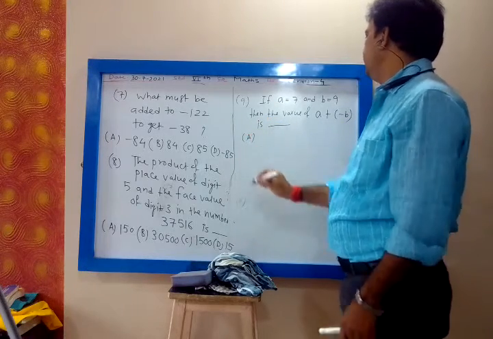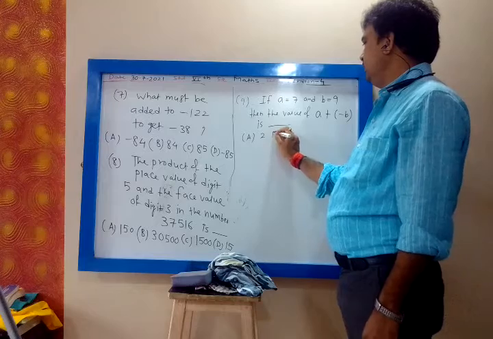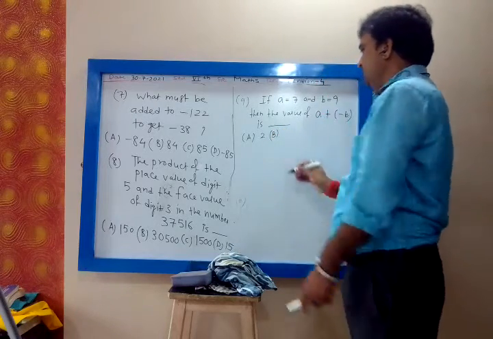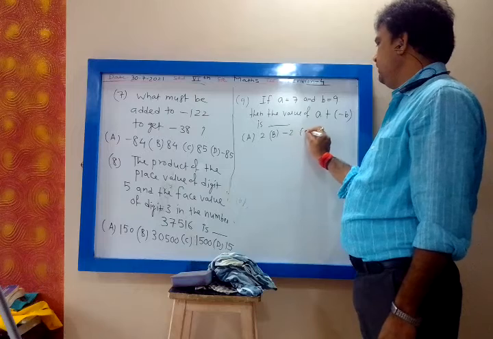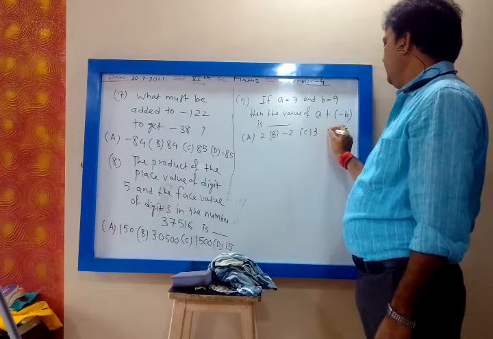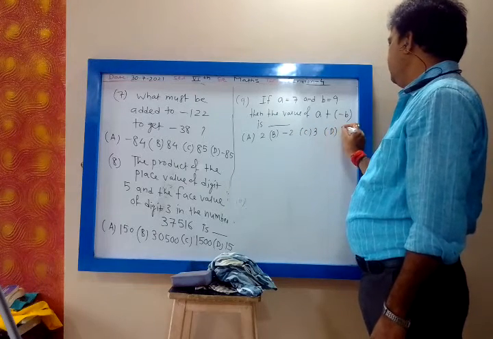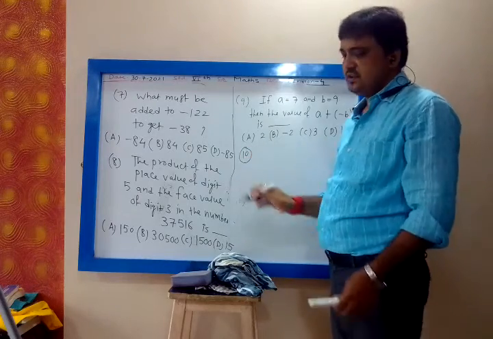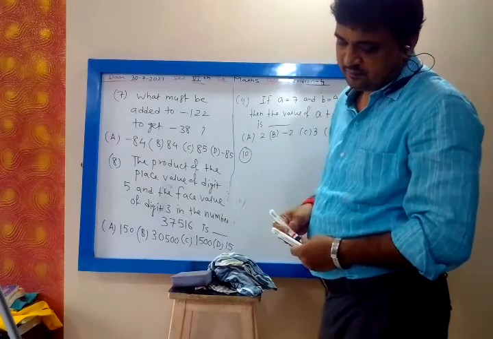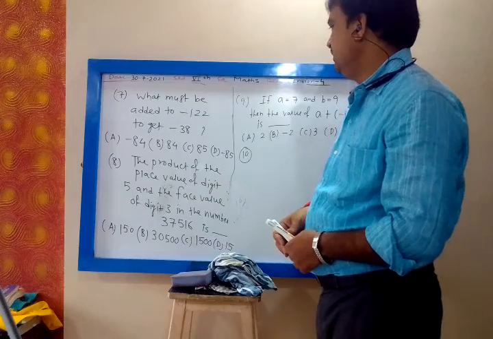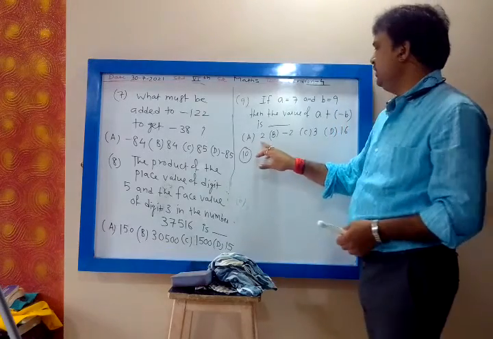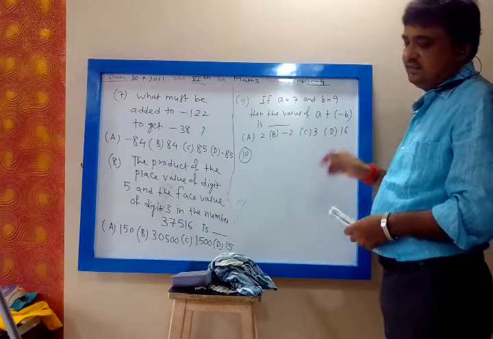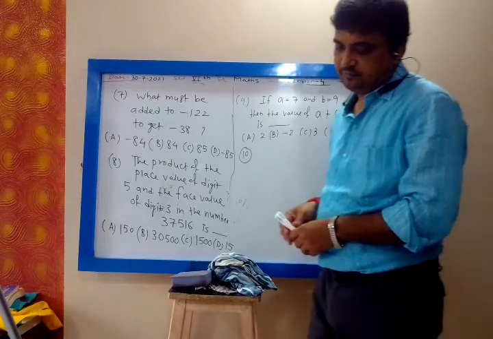A is 15, B is minus 2, C is 3, and D is 60. Then the tenth question.